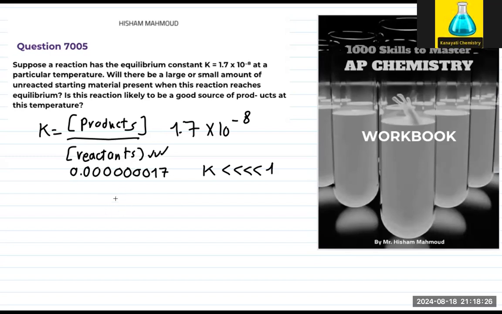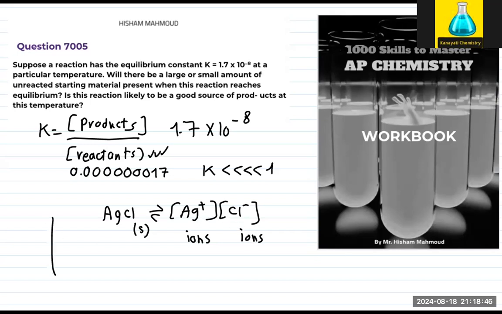For example, in solubility, if you have AgCl, the Ksp is in equilibrium with the concentrations of Ag plus and Cl minus, and it is very slightly soluble. AgCl is a solid and the solubility is very low, so the concentrations of the ions are very small, because it is precipitated down as a white precipitate. The concentration of silver and chloride ions in the solution is very, very small.